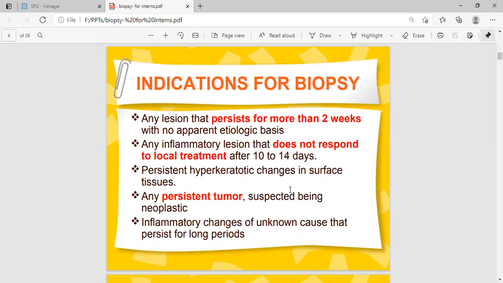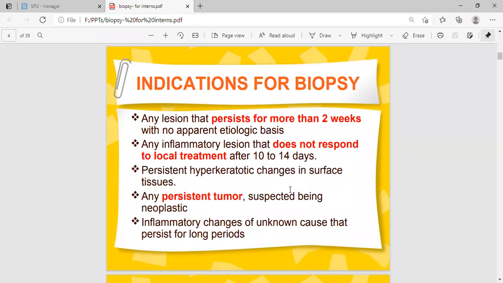Any inflammatory lesion that does not respond to local treatment after 10 to 14 days. Usually when there is any ulcer or inflammation, the patient comes, you can start with anti-inflammatory drugs, antibiotics, or topical applications of medications. After the treatment also, if it doesn't subside, then you need to go for biopsy. So you need to convince the patients accordingly.